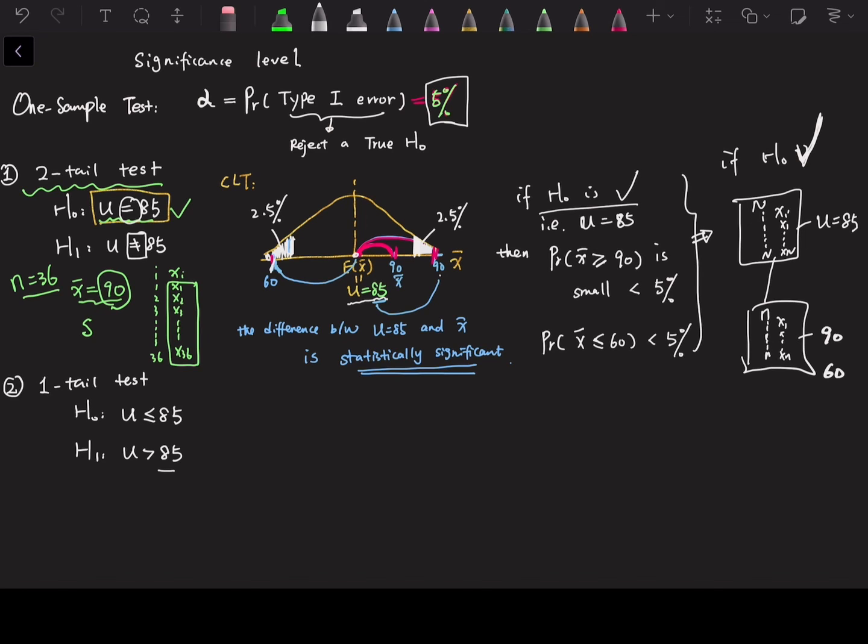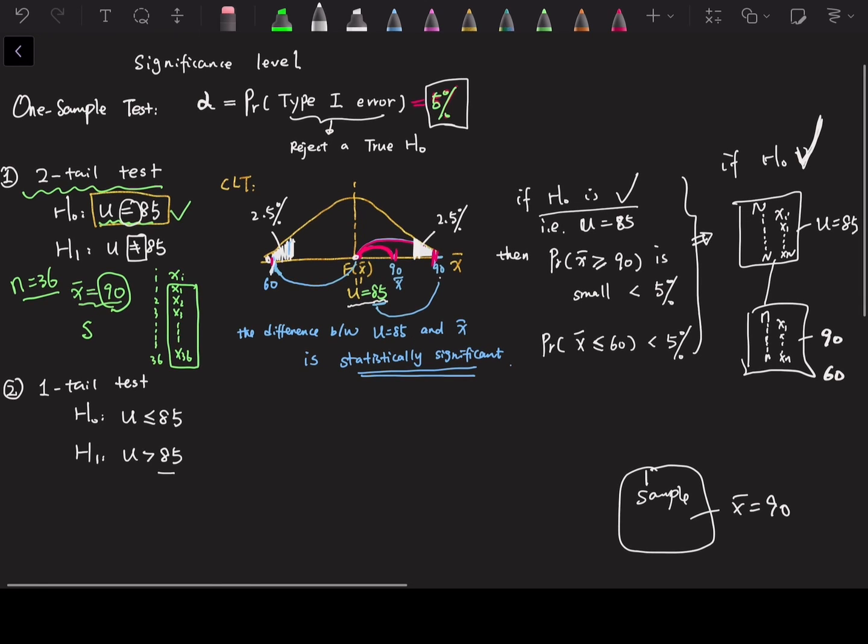So that means if you pick a sample and compute a sample mean of 90, this large, it's more likely that this sample is coming from a population with a mean greater than 85.